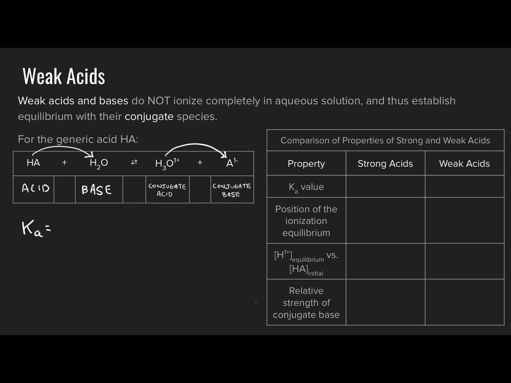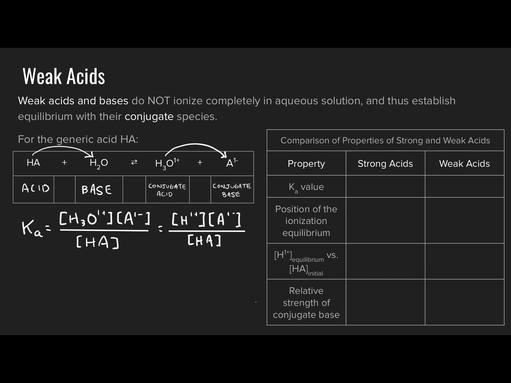That is the ratio of products over reactants, which in this case would be that product hydronium ion H3O positive times the concentration of the anion A negative divided by the molecular acid's concentration, that is HA. And again, recognize I also could write that as the same expression but expressed as a dissociation equation. That would be the concentration of H positive times A negative divided by HA if you had chosen to write your reaction as a dissociation instead.